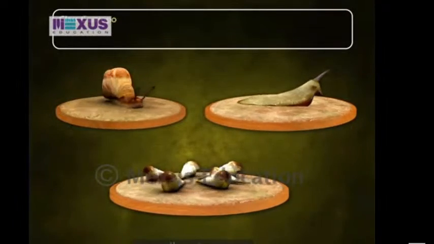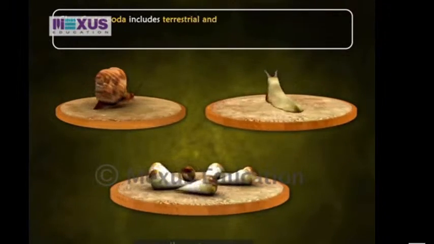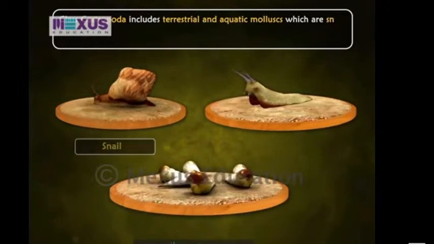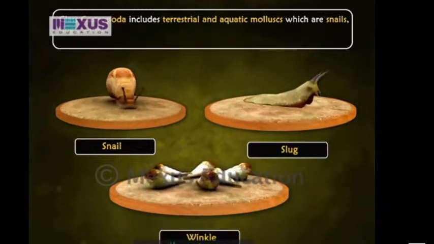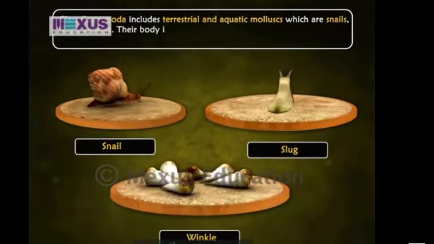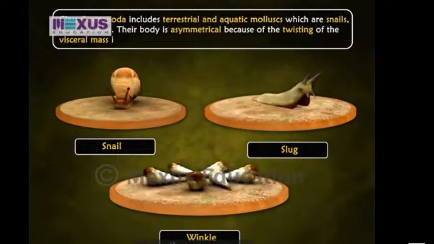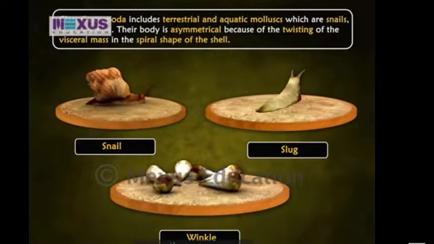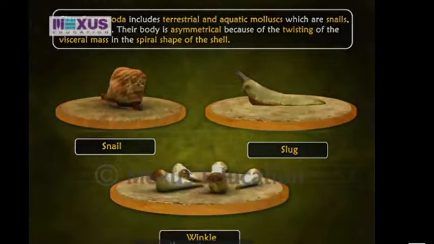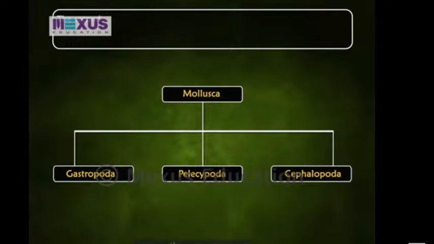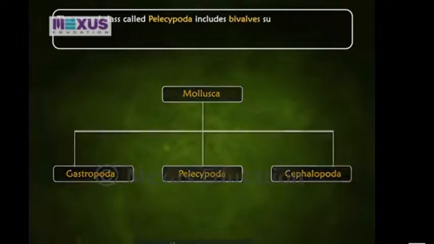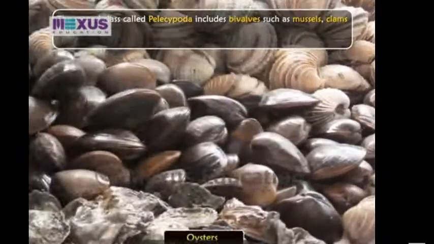Class Gastropoda includes terrestrial and aquatic mollusks, which are snails, slugs, and winkles. Their body is asymmetrical because of the twisting of the visceral mass and the spiral shape of the shell. The second class, Pelecypoda, includes bivalves such as mussels, clams, and oysters.